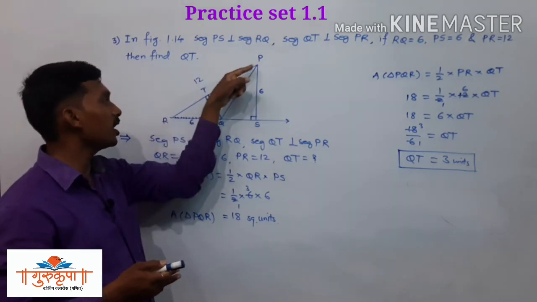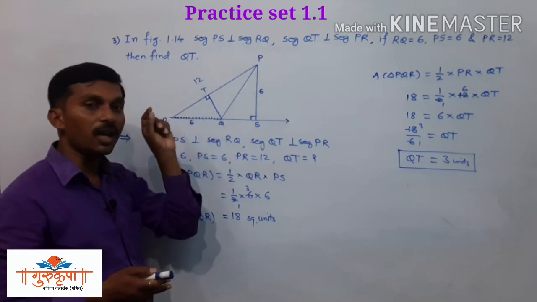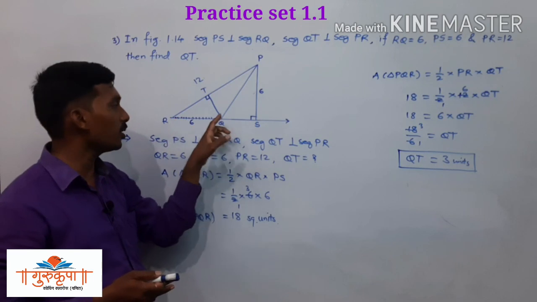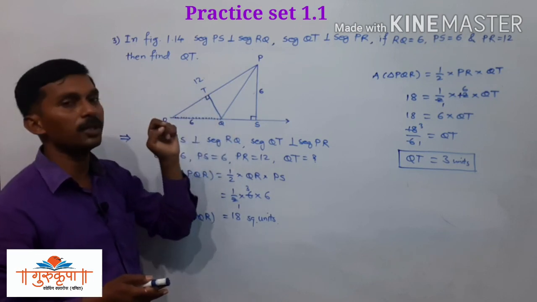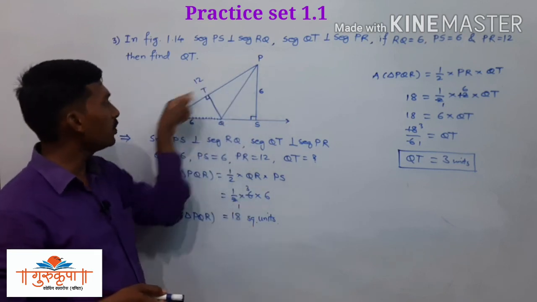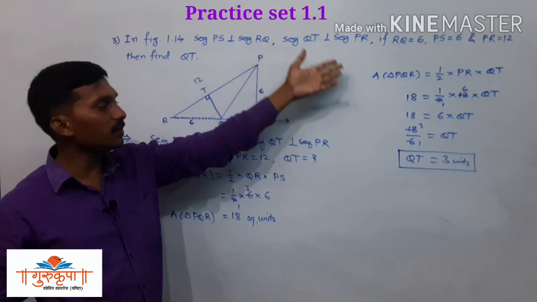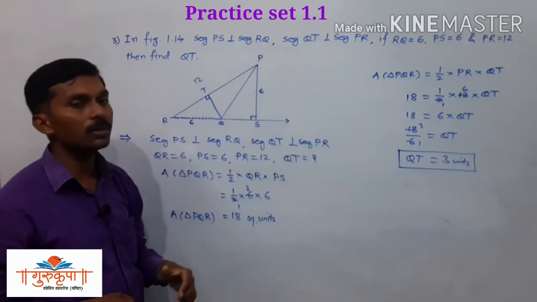If we consider that PR is base, then you have to draw the altitude, or draw the perpendicular from the opposite vertex to the base. That is called height. And here we know the base and we have to find the height. So again we find the area of triangle PQR and we get QT is equal to 3 units.